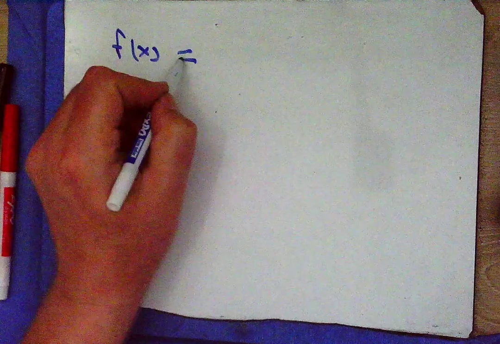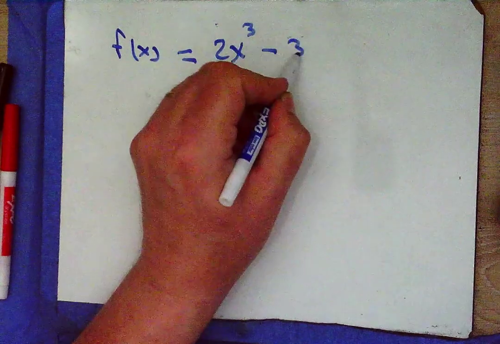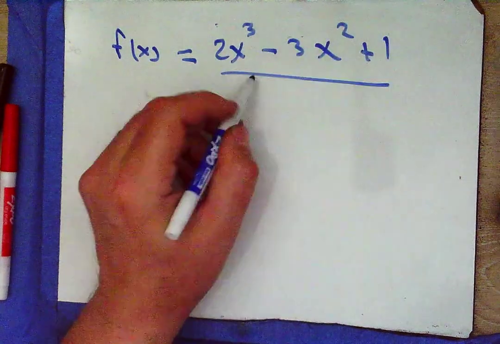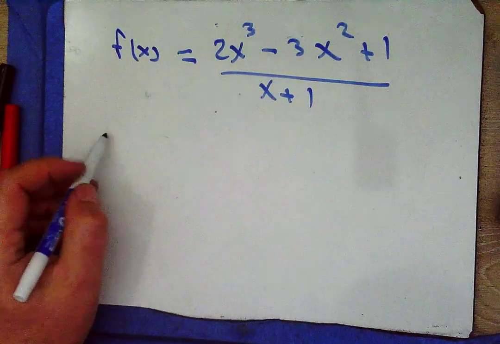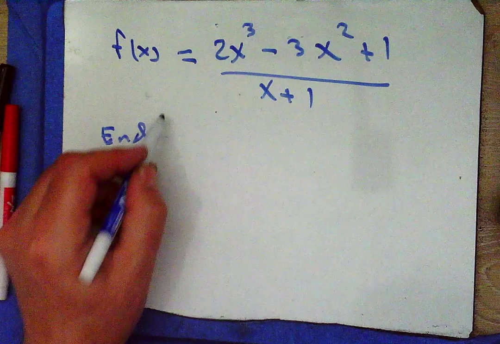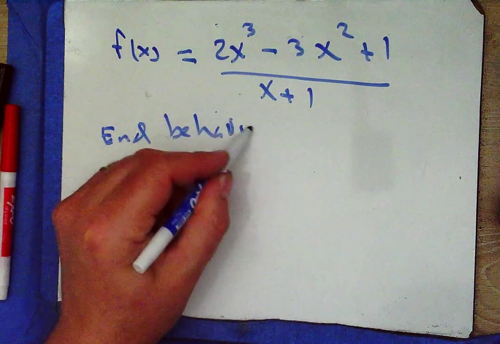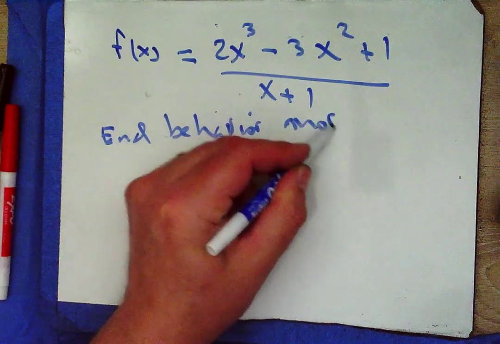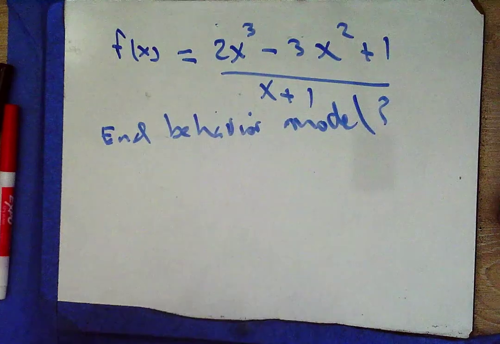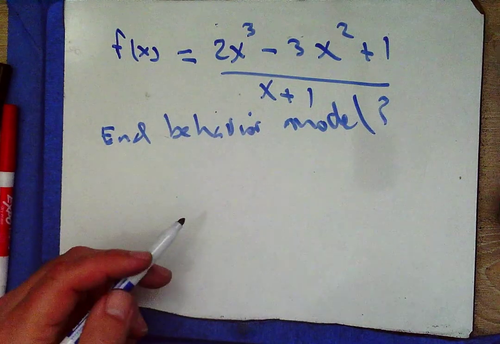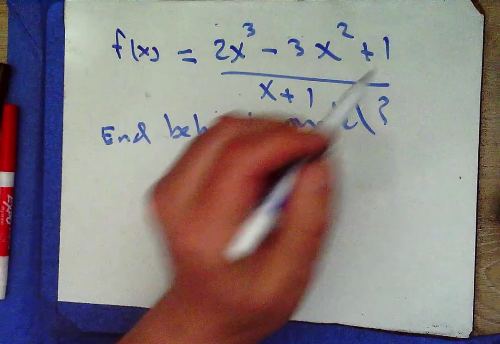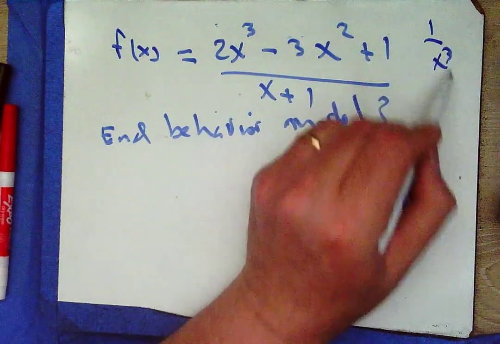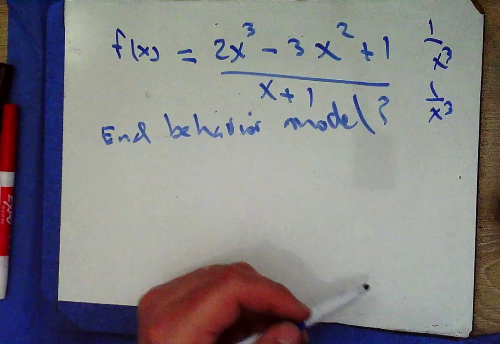Last problem. f of x equals (2x to the third minus 3x squared plus 1) over (x plus 1). And I want to say, hey, what's the end behavior model? Okay, well, I can approach this in a couple of ways. I can certainly do 1 over x to the third over 1 over x to the third.